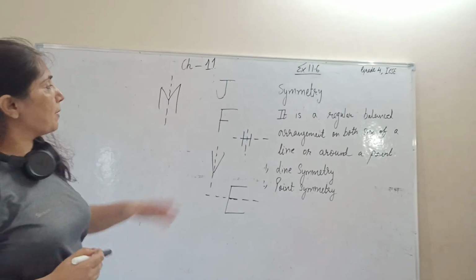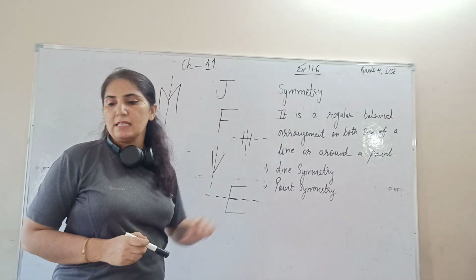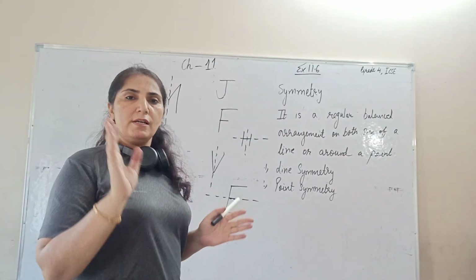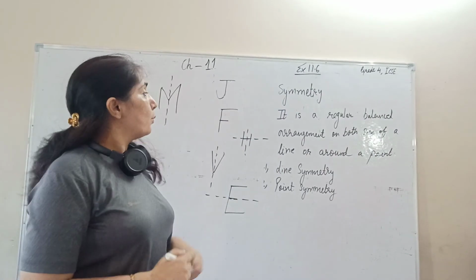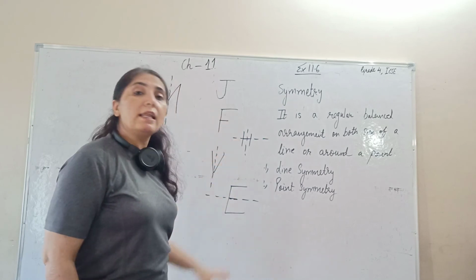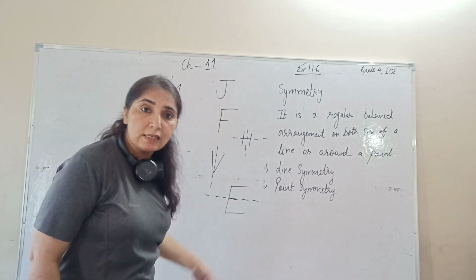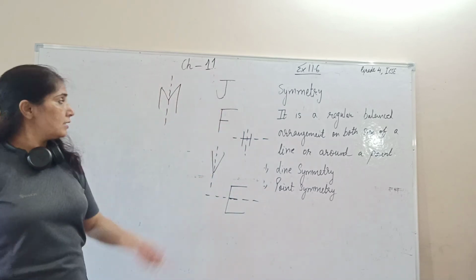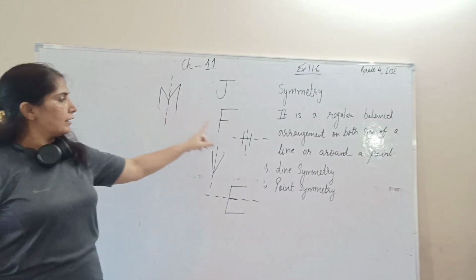So this is about the exercise 11.6. Figures are drawn in the book. Whenever you have to find symmetrical line, you have to draw symmetrical line, keep it in your mind. Always use dotted line.